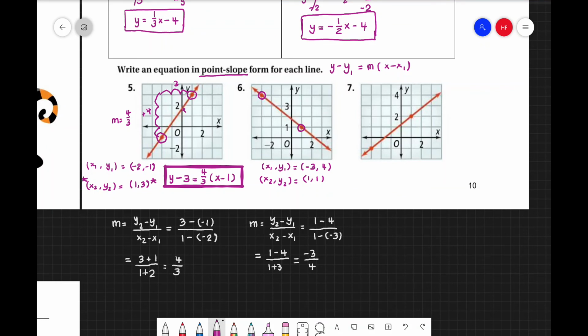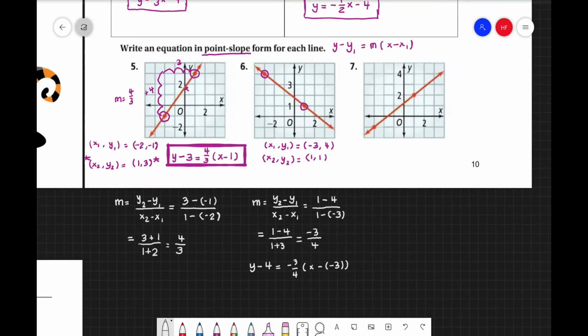And then for my equation, I'm actually going to write it down here. y minus y1, y minus 4 equals m, negative 3/4. I'm picking the first point to work with. And then x minus x1.